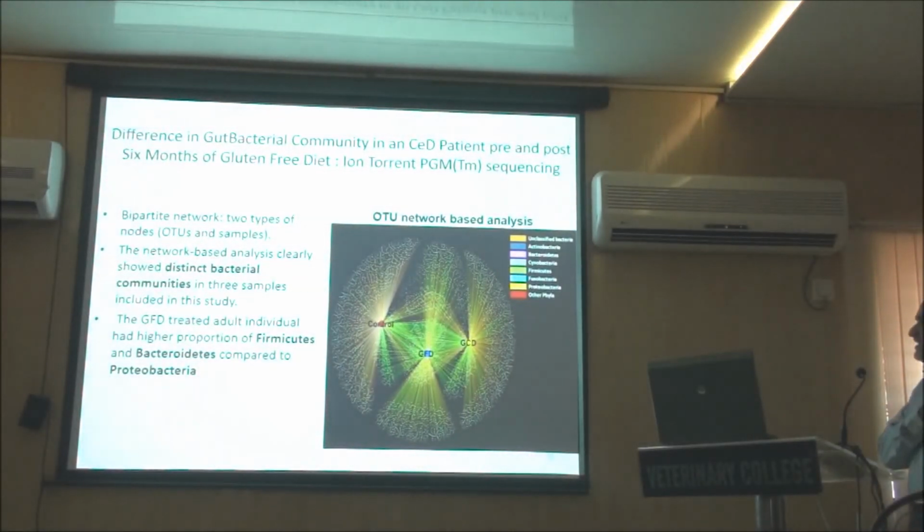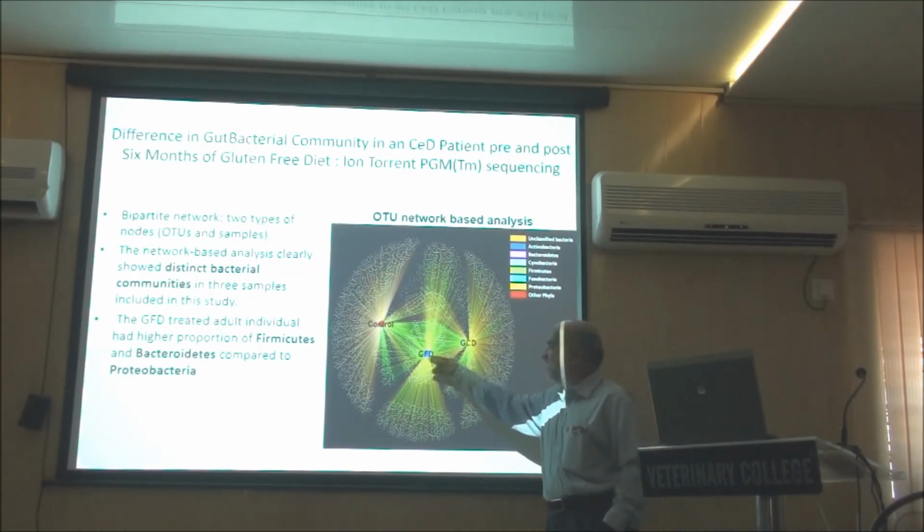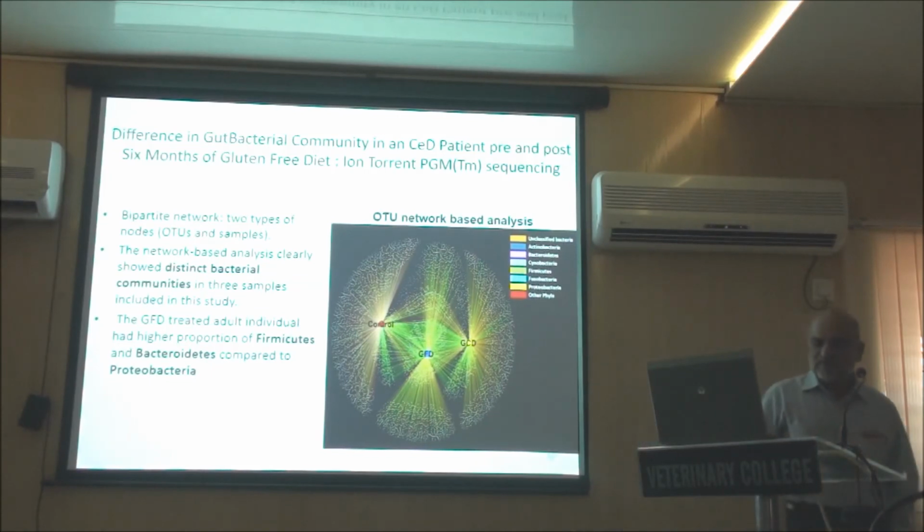Then we had also done one study wherein we had looked at a disease called celiac disease, which is basically a gluten intolerance. This was a follow-up study where the patients with celiac disease were given a gluten-free diet, and their gut microbial population was followed, and you can see that at this extreme is the disease patient before the start of gluten-free diet, and as they are put on a gluten-free diet, their gut microflora starts moving more towards normal.